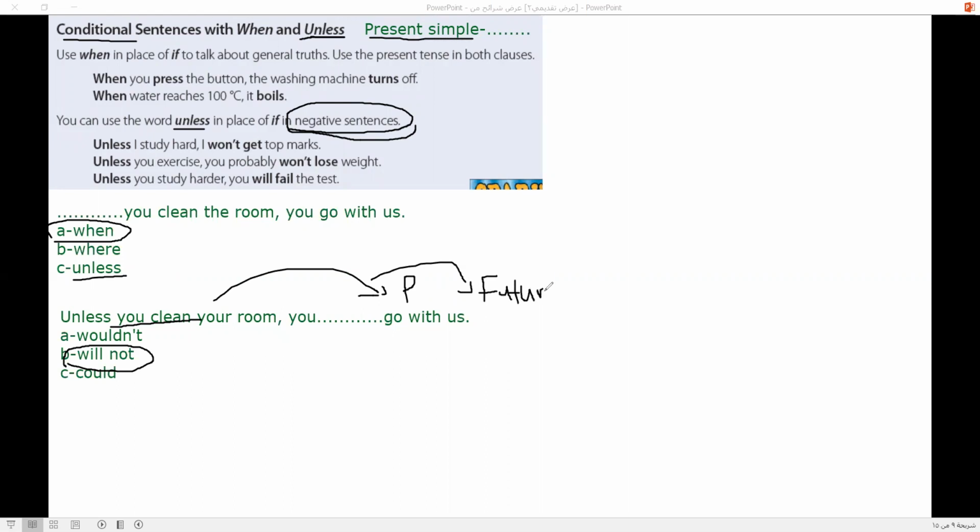Would is the past of will, could is the past of can. So both of them are not correct. I cannot use them. I have only will not to use here. You see? Only in special cases, if it were, for example, cleaned your room, I could have used would or could. But here, in the present simple, I have only two choices: verb in the present simple, or the future, which is will. Clear? Is the picture clear now?